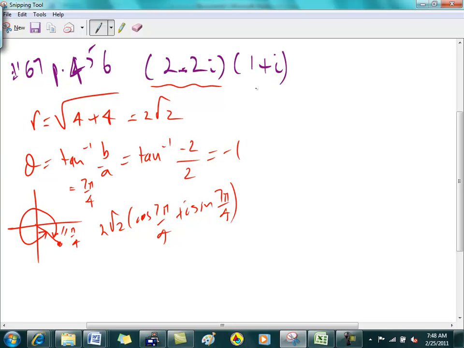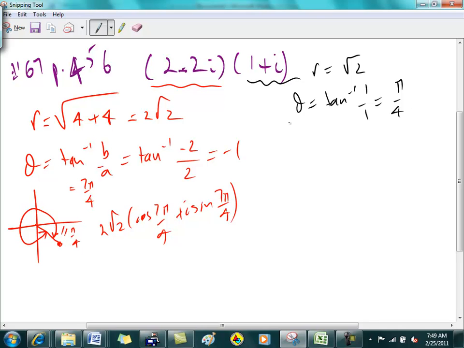Okay, and then this guy here, what is r equal to? Square root of 2, from 1 plus 1. Okay, theta is equal to tangent inverse of 1 over 1, which is pi over 4.